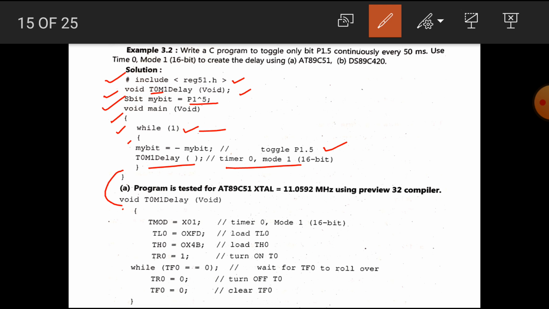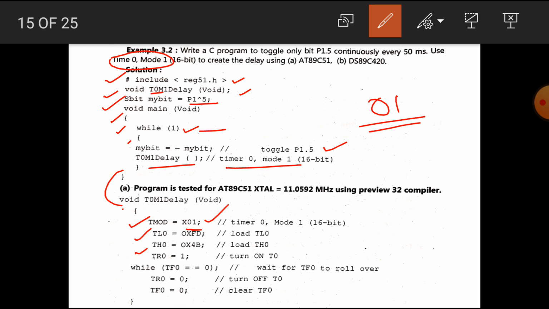That means it jumps to this subroutine, and in this subroutine we have to load the values of TMOD. We know that we have to assign the value for TMOD as 01 because we have to operate timer 0 in mode 1. For that purpose we load the value 01. Then the next is load the values of TL and TH.